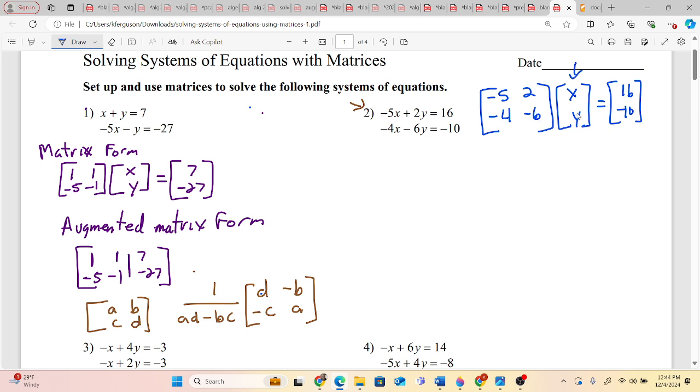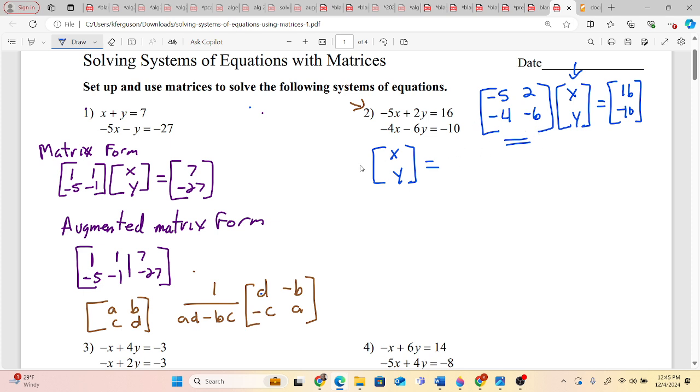So I want to isolate my variables. I need to get rid of this matrix. I'm going to get rid of this matrix by multiplying by the inverse on both sides. Because I know what happens when you multiply the inverse on the left side, I'm not going to actually do it. This is going to go away. So I'm going to be left on this side with X and Y equals.